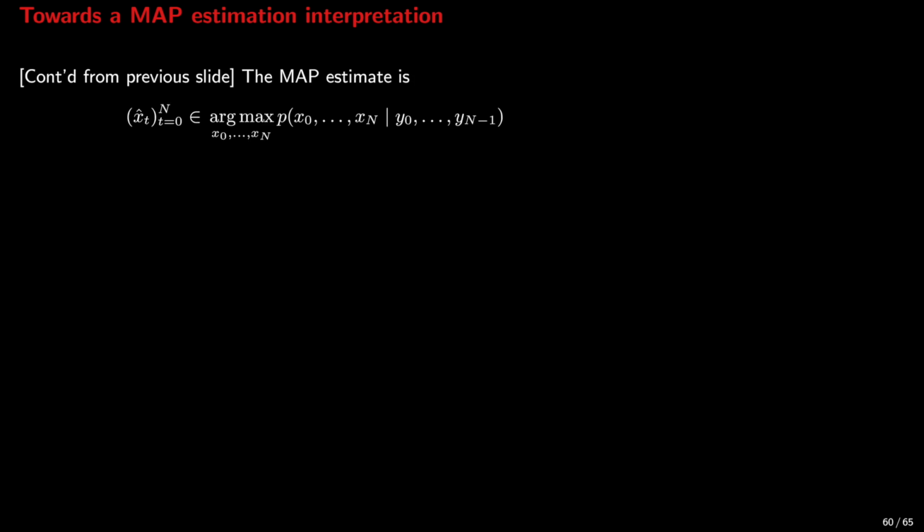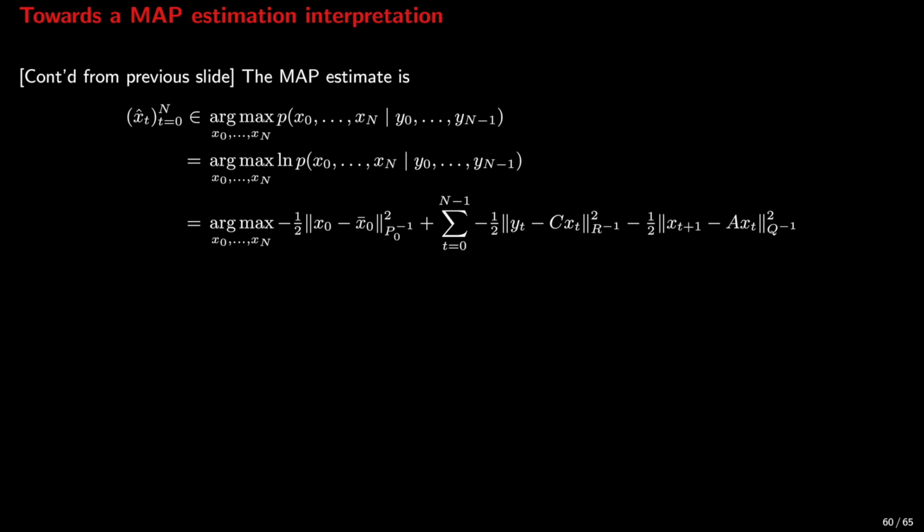So once again, the MAP estimate is a maximizer of the a posteriori density function, or what is the same, the logarithm of the a posteriori density, which we derived previously and is given by this quadratic function.